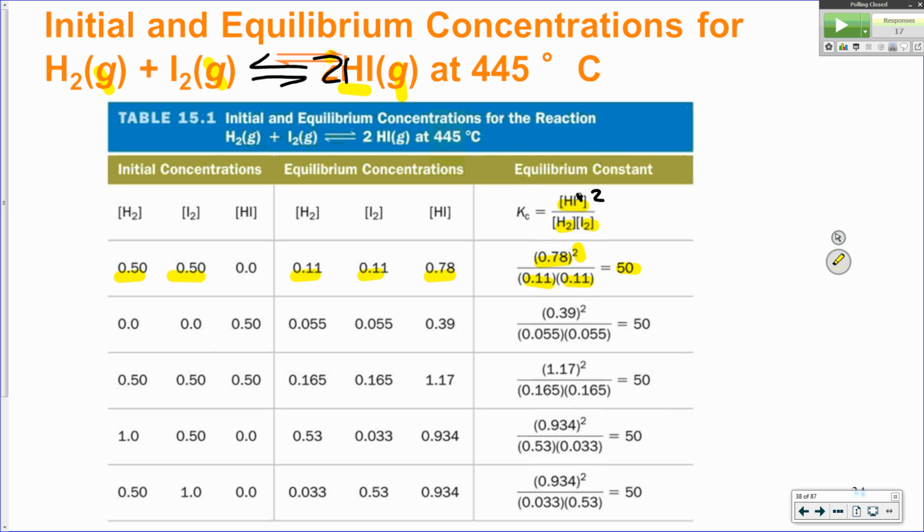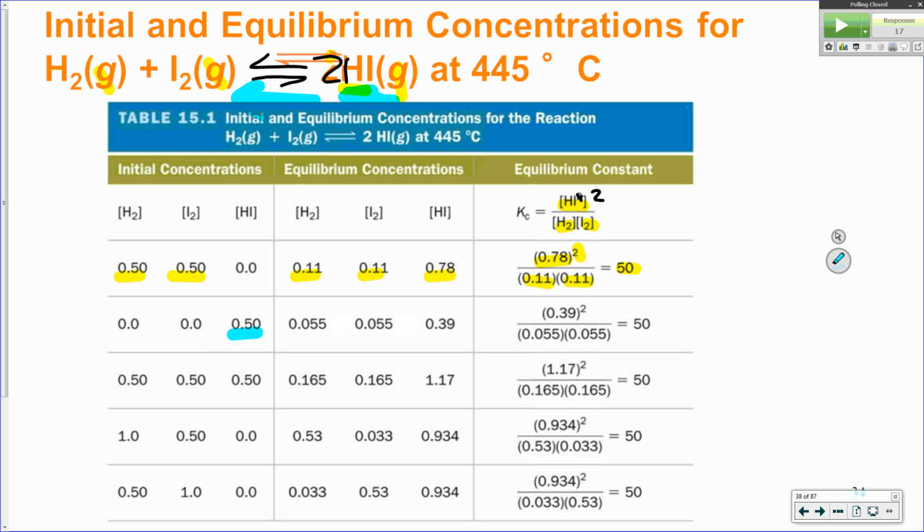Now, if I looked at the system the other way, I'm going to start with just products. I'm going to start with just the HI. If I take my container and put in 0.5 molar HI, there's none of the reactants, and I let the system run to equilibrium, the reaction has no choice but to go in the reverse direction.